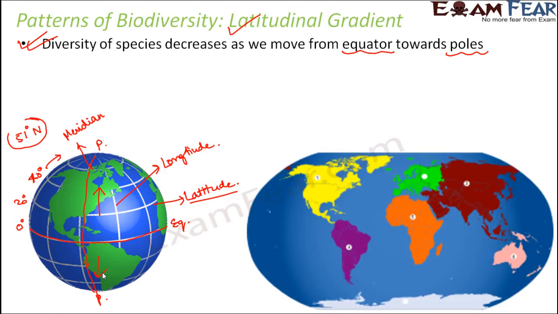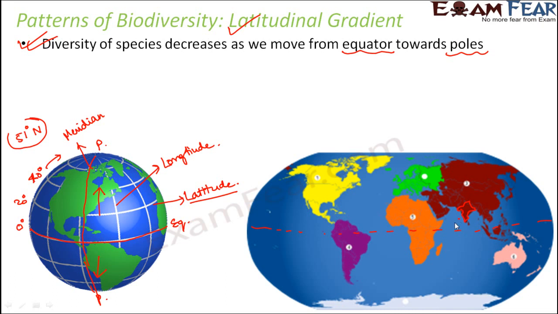So now if you look at the world map, you will get to see the places which are located comparatively near the equator. If the equator is located, just as an example, somewhere here, now if you see India, where is India? This is where India is located.